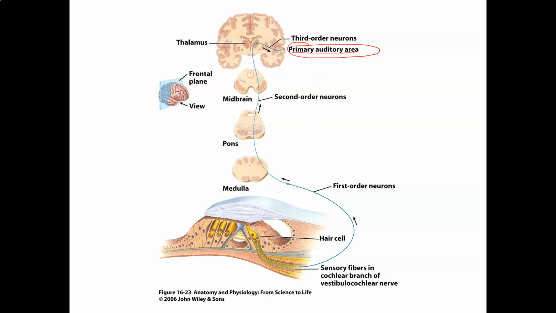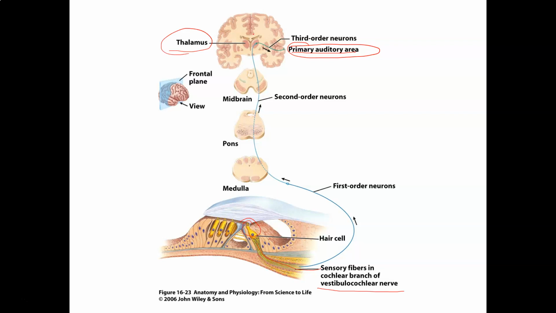So here's the pathway. We go from the hair cells, which begin the whole process with graded potentials, out the ear along the 8th cranial nerve, vestibulocochlear nerve, and then from there the action potentials go to the thalamus.